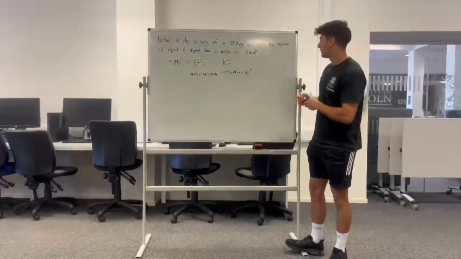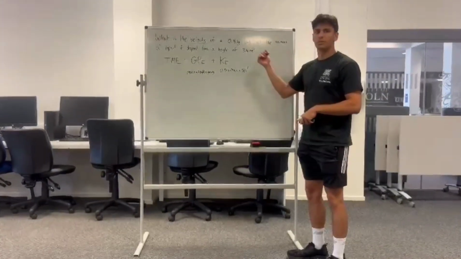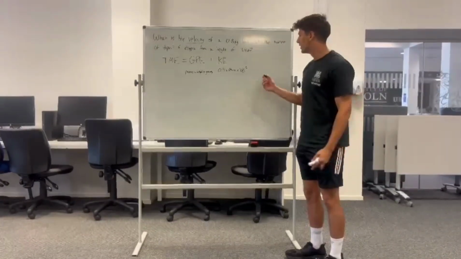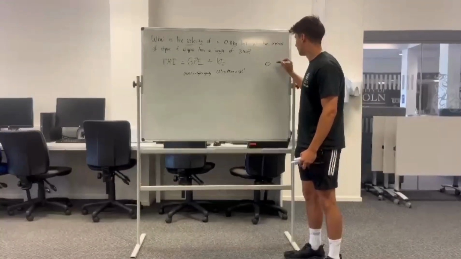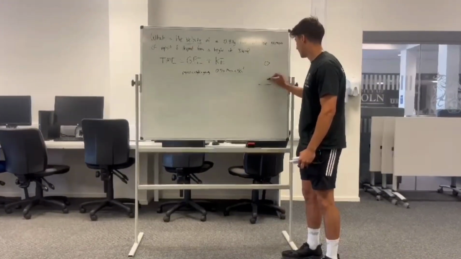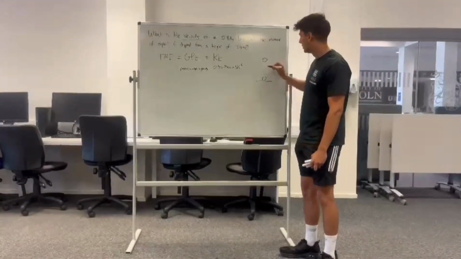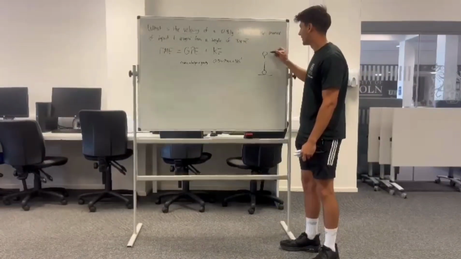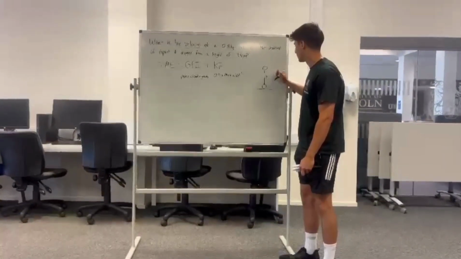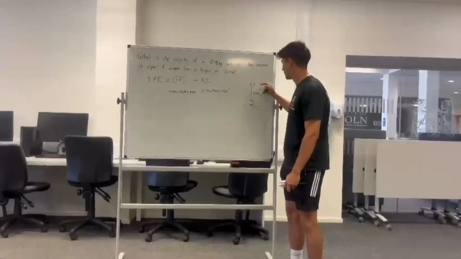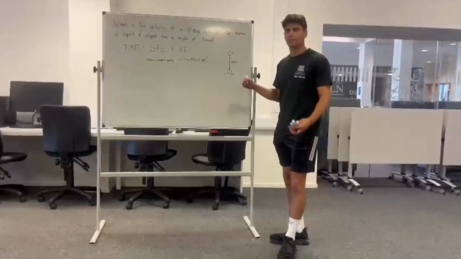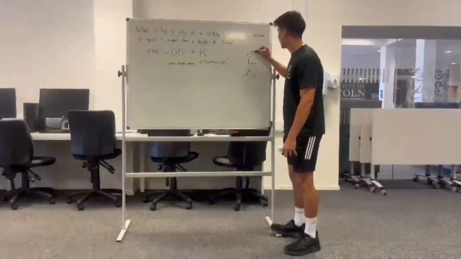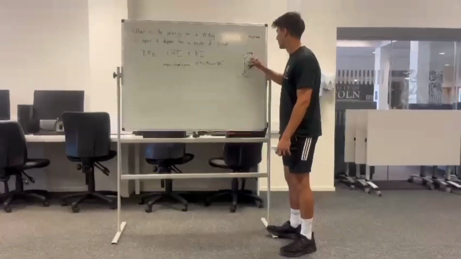In this case, I like to draw a diagram just to think about what the question wants to know. So we have a ball, and we want to know the velocity of the ball when it's dropped in a straight line down from a height of 3.4 meters. So it's traveled 3.4 meters down. Happy? Right, so we know that this ball weighs 0.8 kilos. That's the mass of the ball.